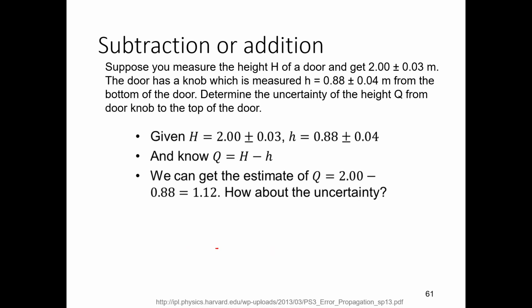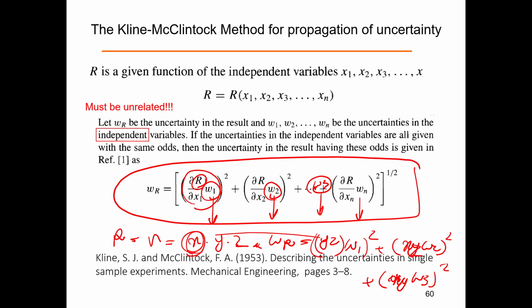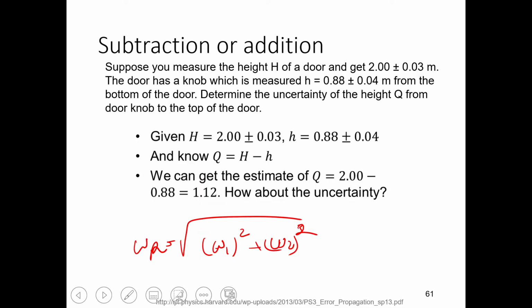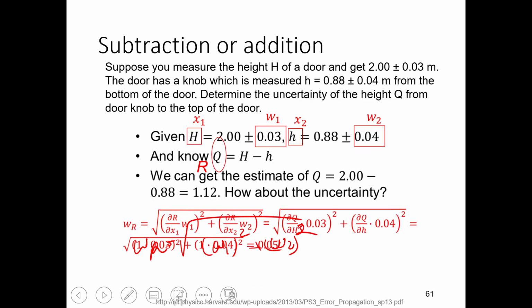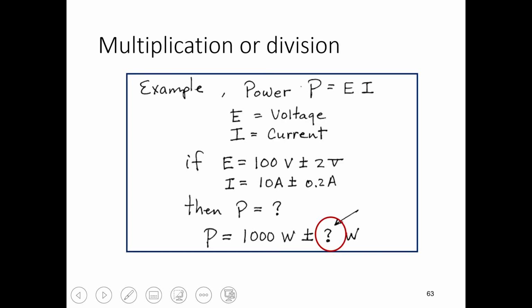So if you go back to the formula, you write that formula down, you will see that if you only have x and y, for subtraction and addition, your propagated uncertainty is just the square root of, I forgot the square root here, yeah, the square root of w1 squared plus w2 squared. And this is if you are dealing with subtraction or addition.